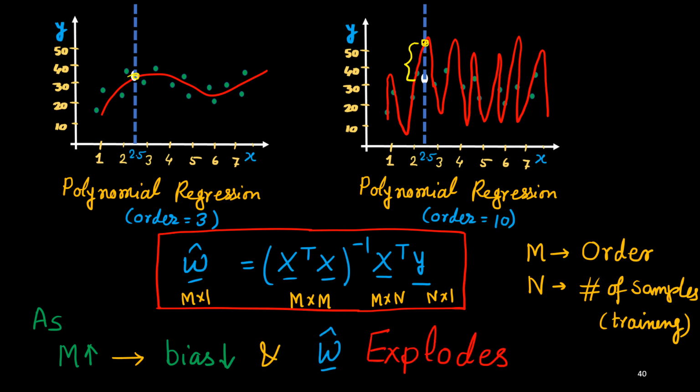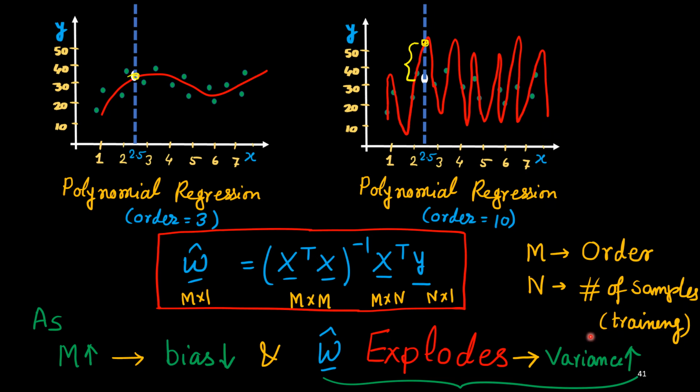And next, whenever you increase this m value, there's a huge chance, not only a chance, it will surely happen that this w hat will explode. The meaning is that the weight coefficients become very, very large, huge. And because the w value is very large, it is giving huge variance.